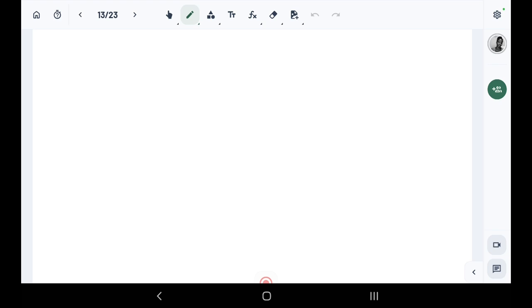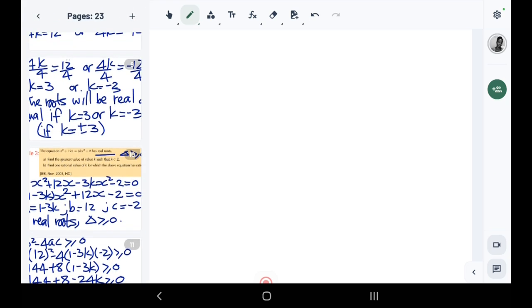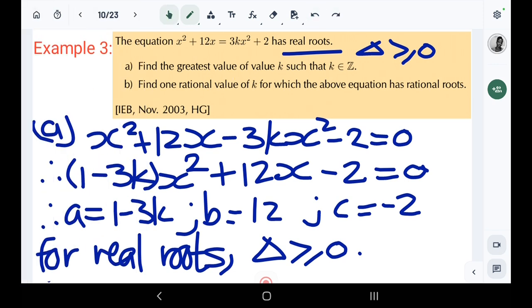Next, number B. The question is, find one rational value of k for which the above equation has rational roots.